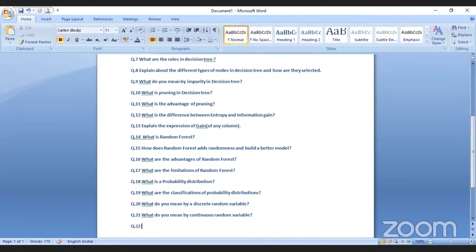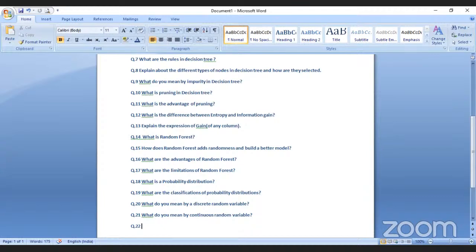So we can talk about some examples of continuous random variables as well. Height of students in class, weight of students. Height we can represent in decimal points, and to any extent we can measure it.